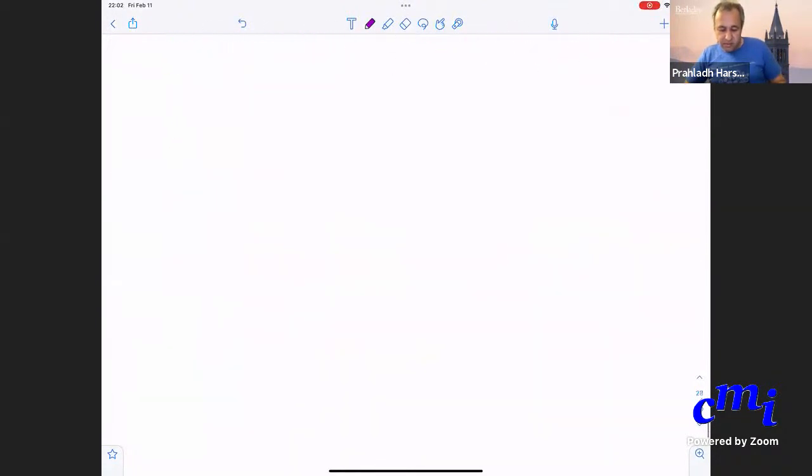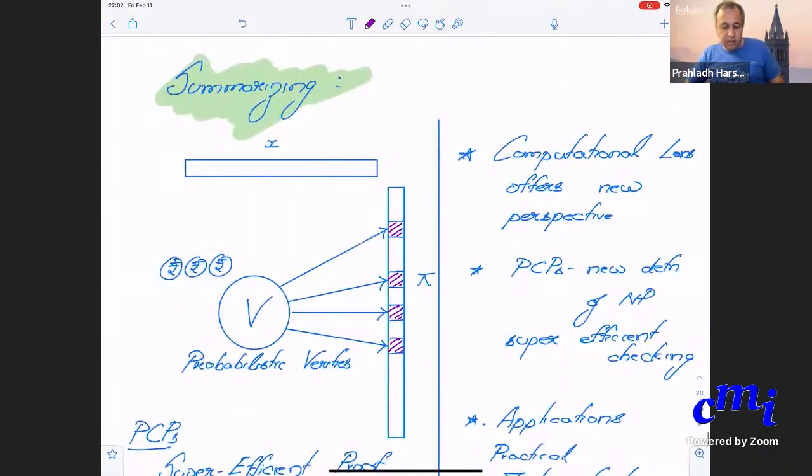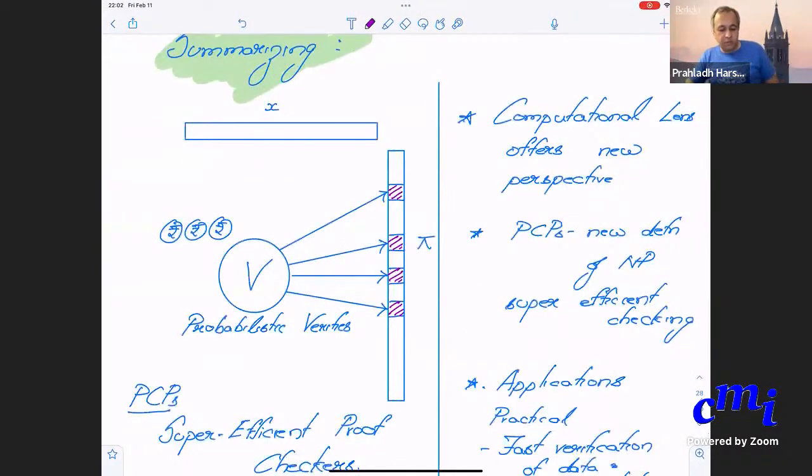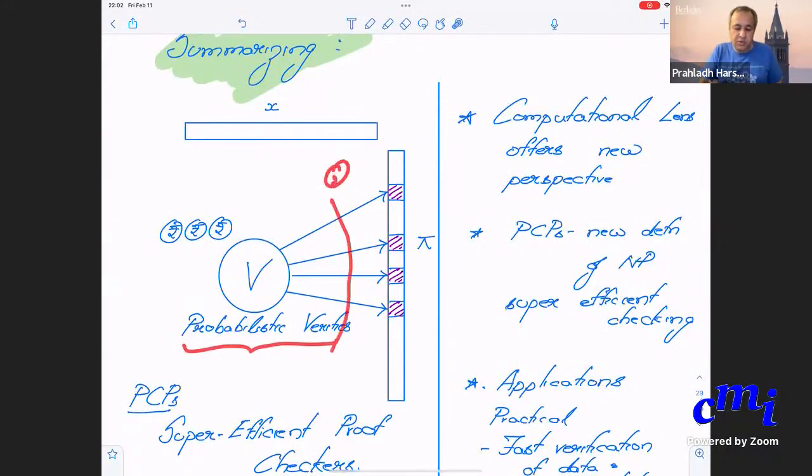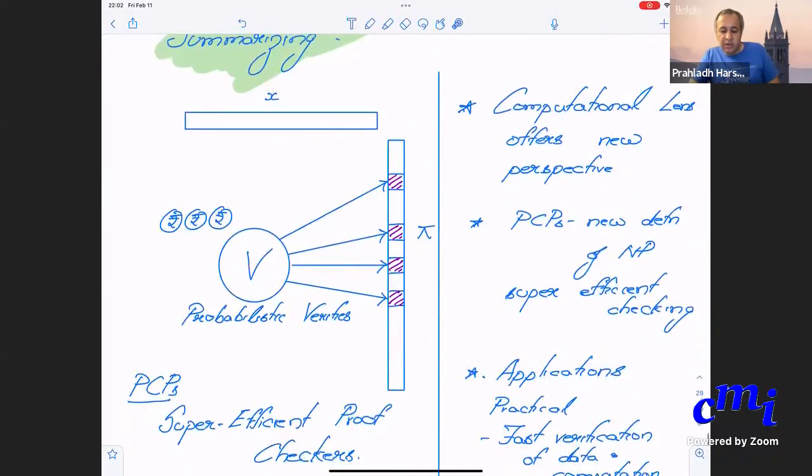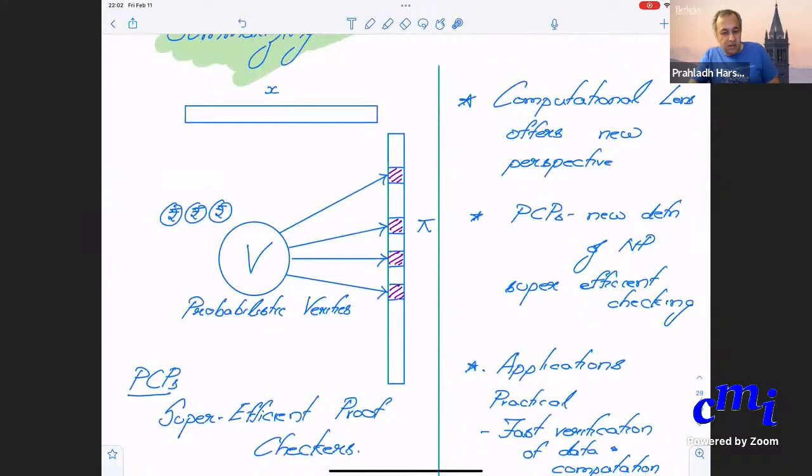Just summarizing, we developed this notion of super efficient verification, which is just the usual notion of verification, but now allowing for a probabilistic verifier which queries the proof only at a few locations, a constant number of locations. We initially started off with a computational lens, giving a new perspective on what proofs mean.